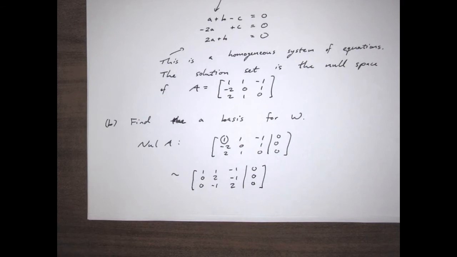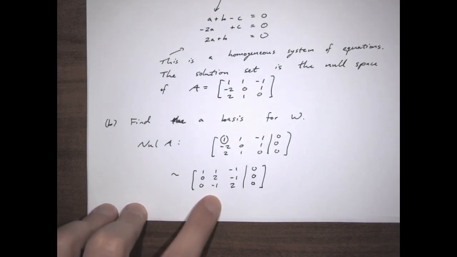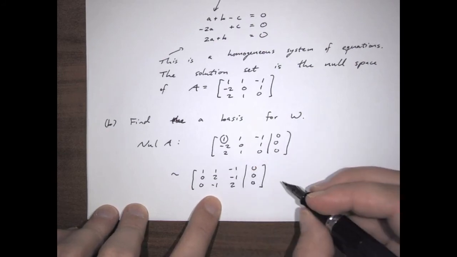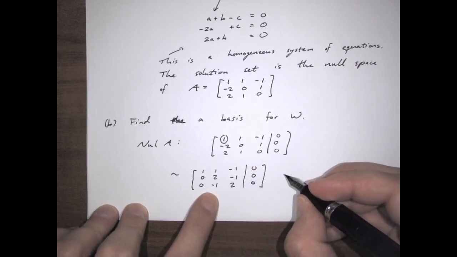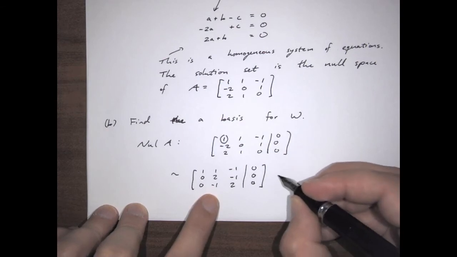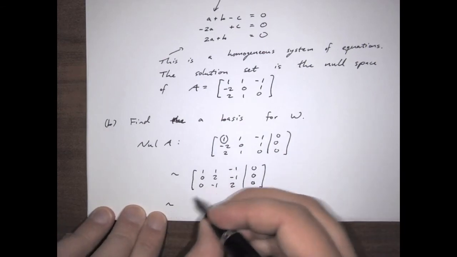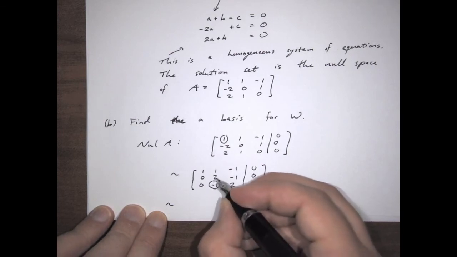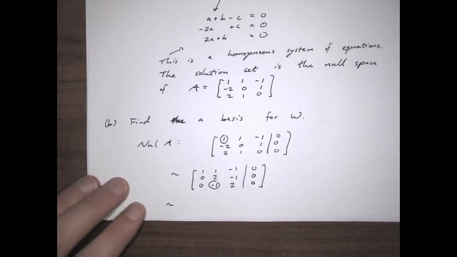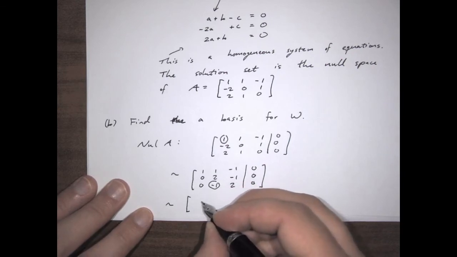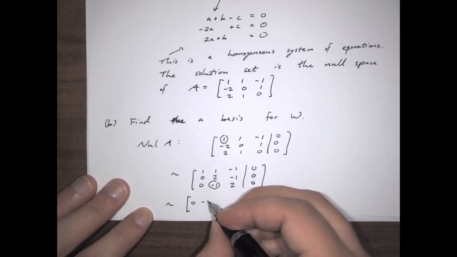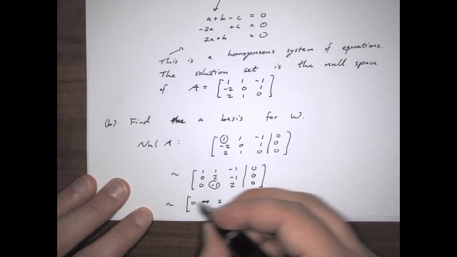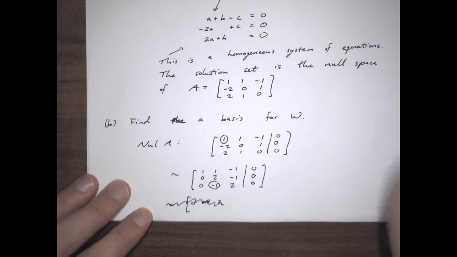So there's that, and then I will use this to clear up above. Notice I'm getting a little bit less explicit in my row operations because I've gotten a bit more practice at it.